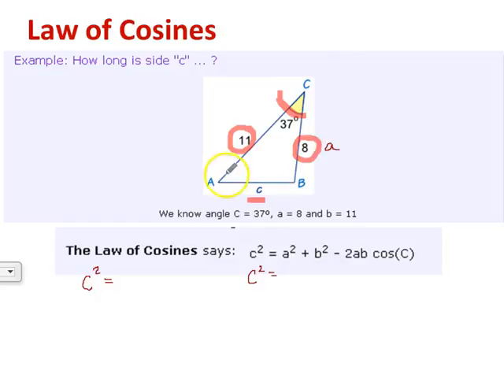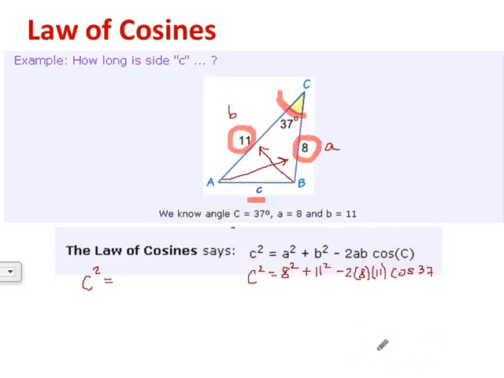This side is our A because it's opposite angle A, and this side over here is our B because it's opposite angle B. So A squared plus B squared minus 2 times A times B, which is 11, times the cosine of angle C, which is 37.